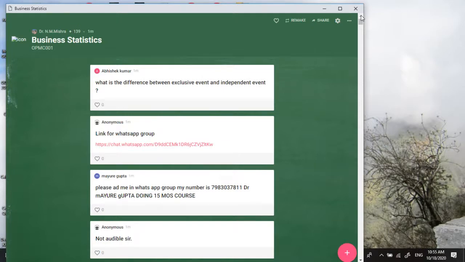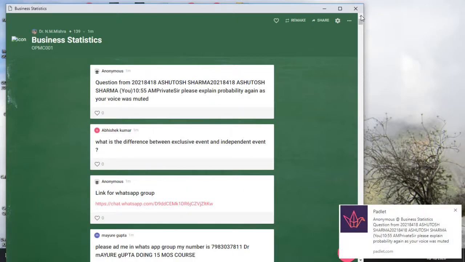If I will ask is there any days common between 2019 and 2020? No. So it is a mutually exclusive event. Am I clear? No common event is between the 2 events. And if I will say collectively exhaustive event, means there is a common event.